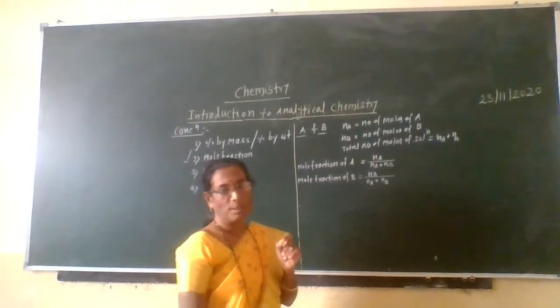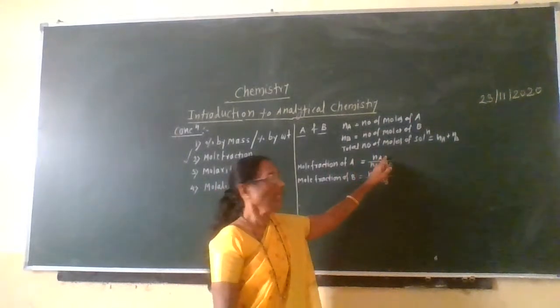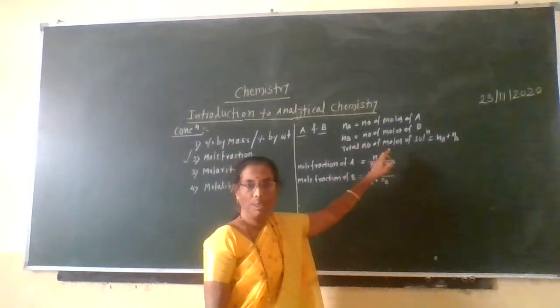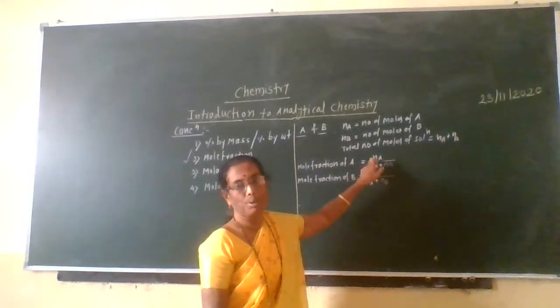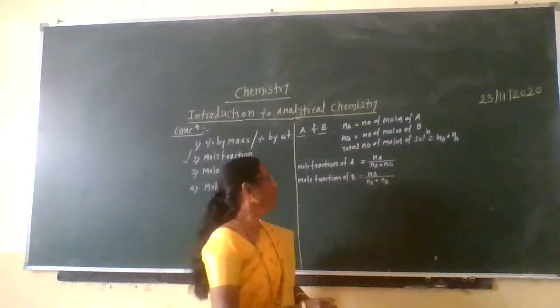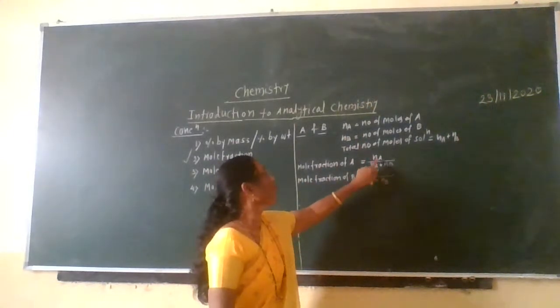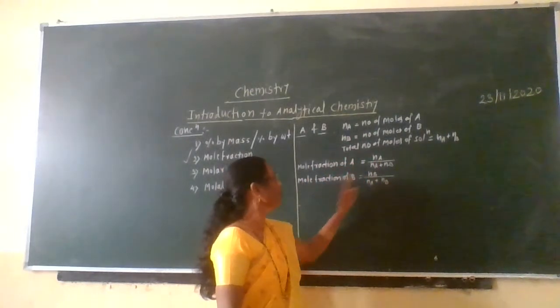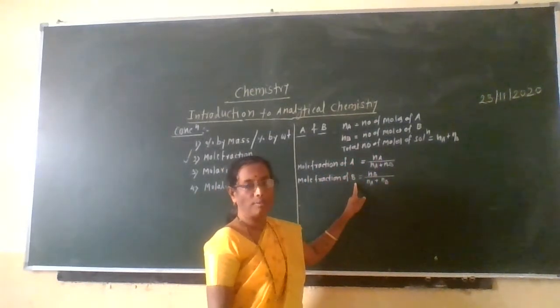What is the mole fraction? Mole fraction is nothing but the ratio of number of moles of a particular constituent to the total number of moles of the solution. In other words, suppose A is the solute and B is the solvent.